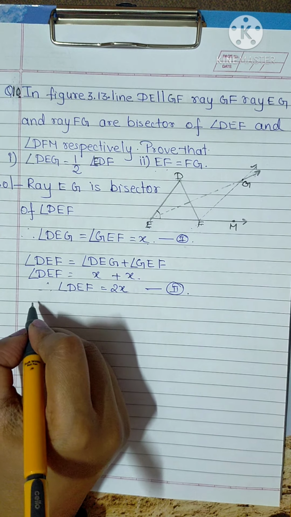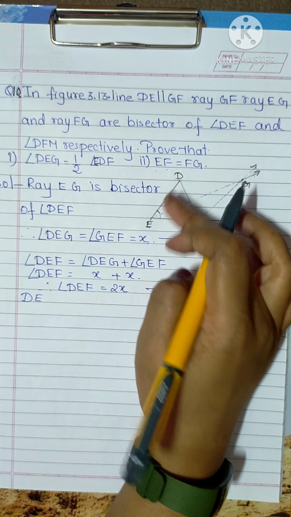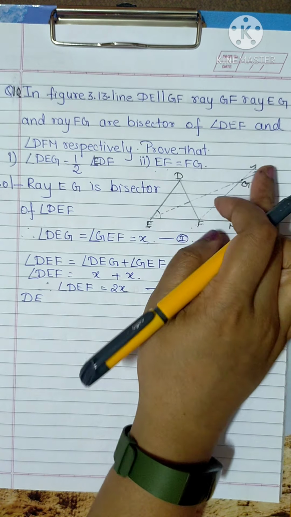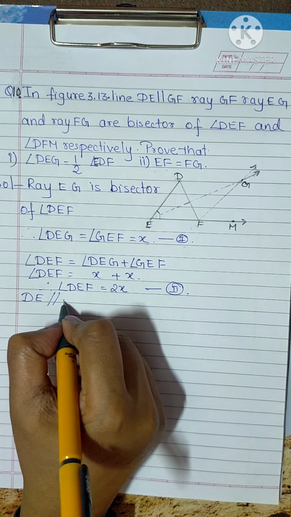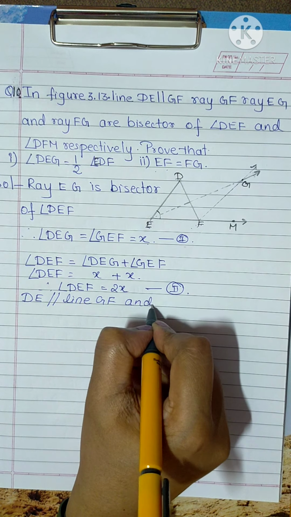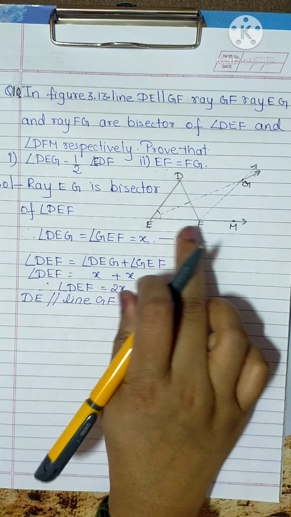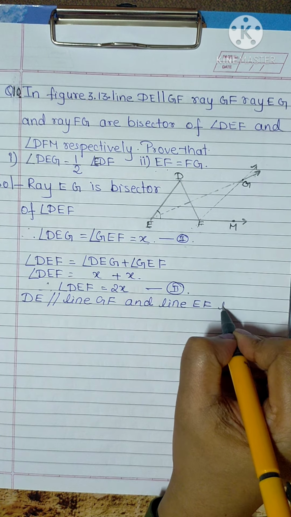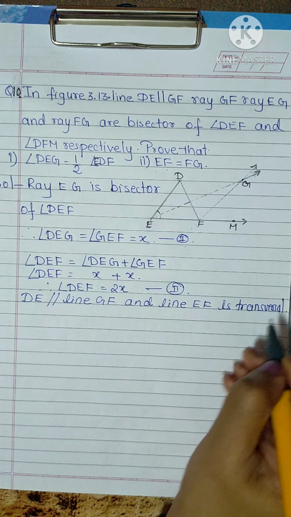Now here as you can see, DE is parallel to line GF, and line EF is a transversal.